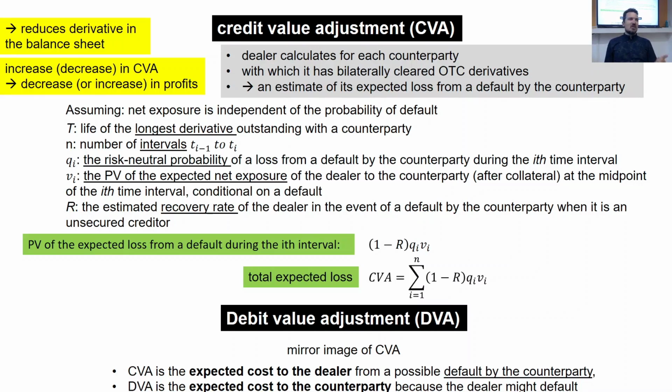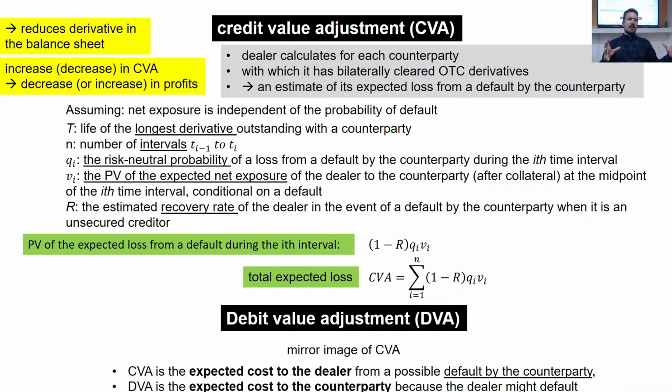The situation is similar because we have some kind of recovery ratio and some estimated probability of default. Just in this case we have this special issue that if we have a derivative in our balance sheet, then we have to correct the value of the derivative with this CVA value.